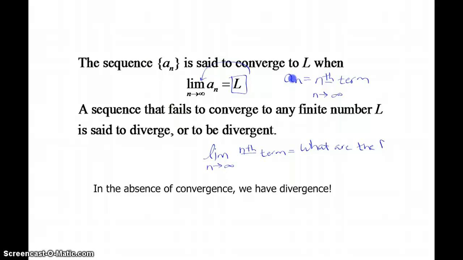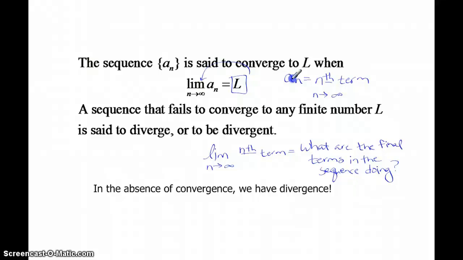are the final terms in the sequence doing? Are they jumping around all over the place? Are they oscillating back and forth between 2 or 3 or 4 or 10 different values?